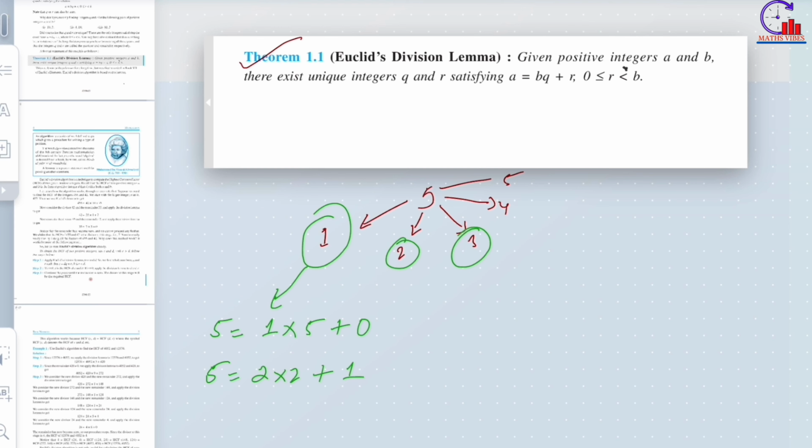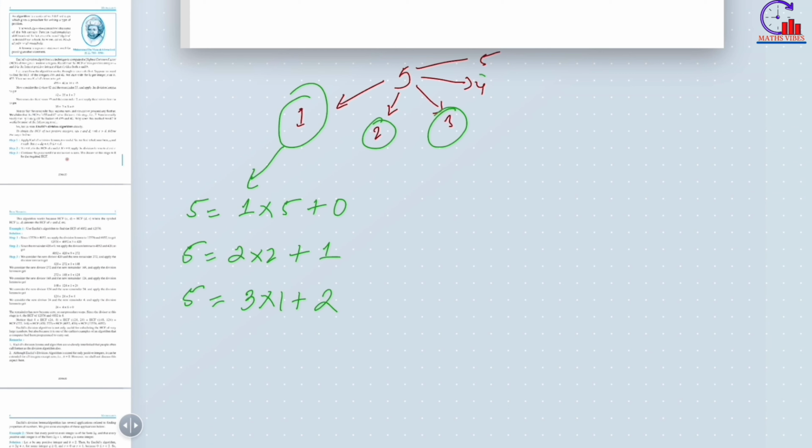And if I divide 5 by 3, I can write 5 is equal to 3 into 1 plus 2, right? And if I divide 5 by 4, I can write 5 is equal to 4 into 1 plus 1, right? And if I divide 5 by 5 itself, I can write 5 is equal to 5 into 1 plus 0.